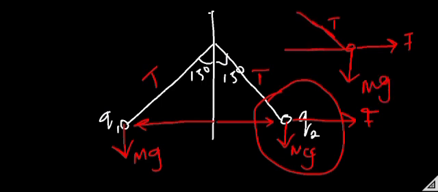The same way, using the principle of transmissibility of vectors, this is F, right? So F can also be in this horizontal part. Then mg is going up that one, so it becomes mg.